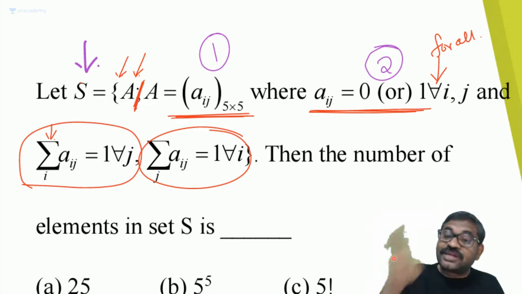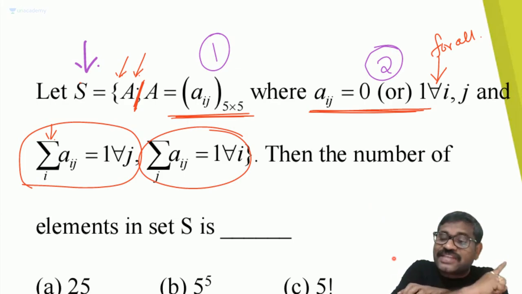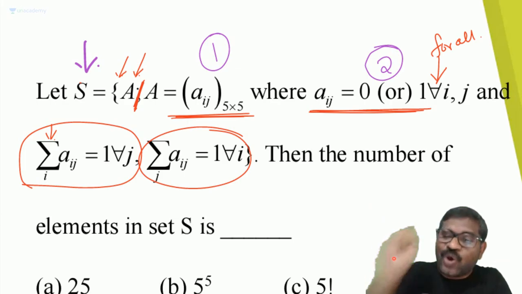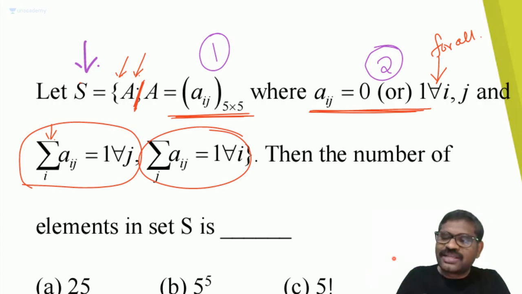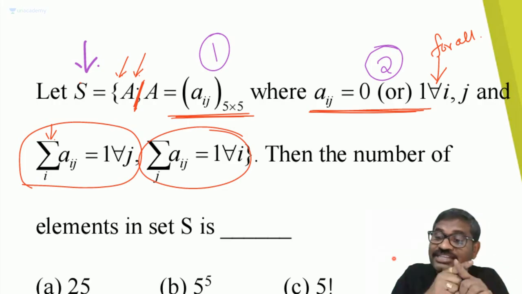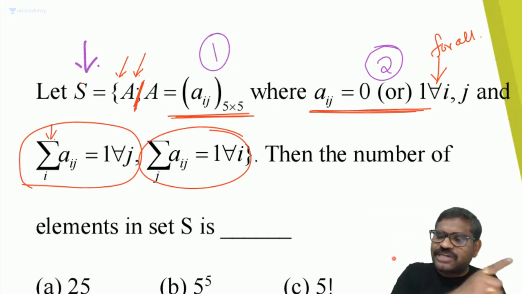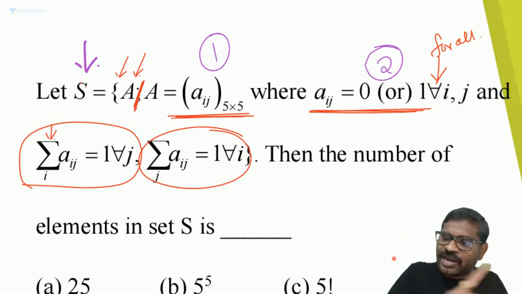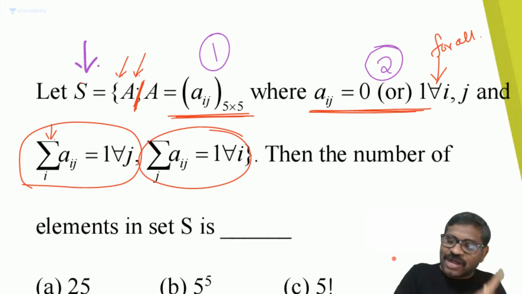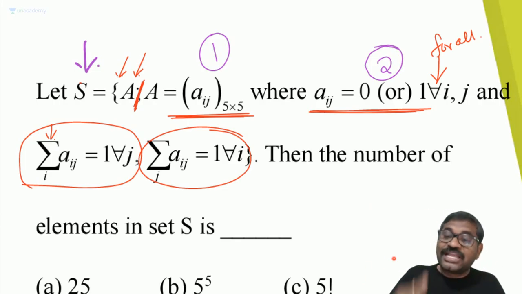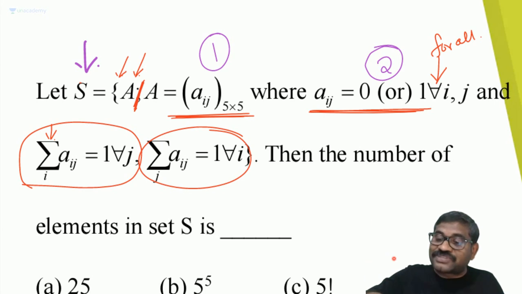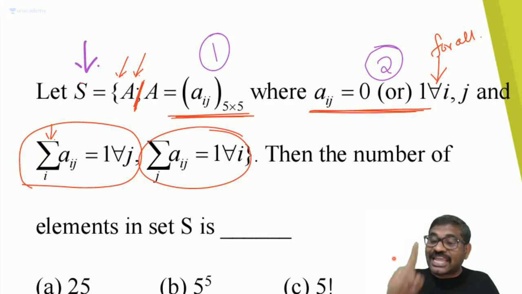Third condition, if you add all the elements in each row, the sum must be 1. So the sum of all elements of the first row is 1, the second row is 1, the third row is 1. The sum of all elements of the first column is 1, the second column is 1, the third column is 1, like that.